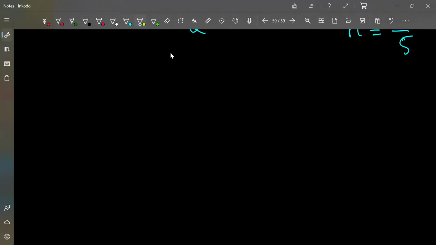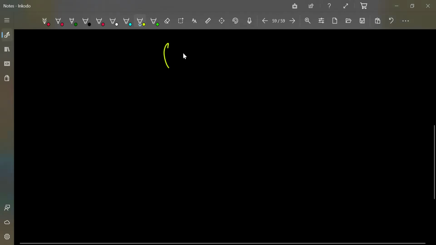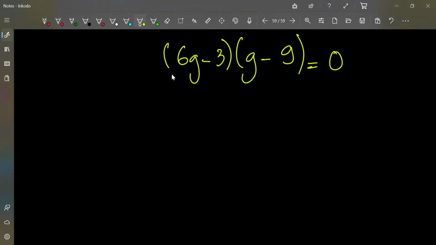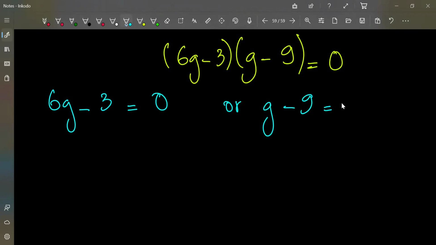For this equation, we have 6g minus 3 multiplied by g minus 9 equals 0. So feel free to pause this video and try to solve this equation. Okay. So now we get 6g minus 3 equals 0, or g minus 9 is equal to 0.